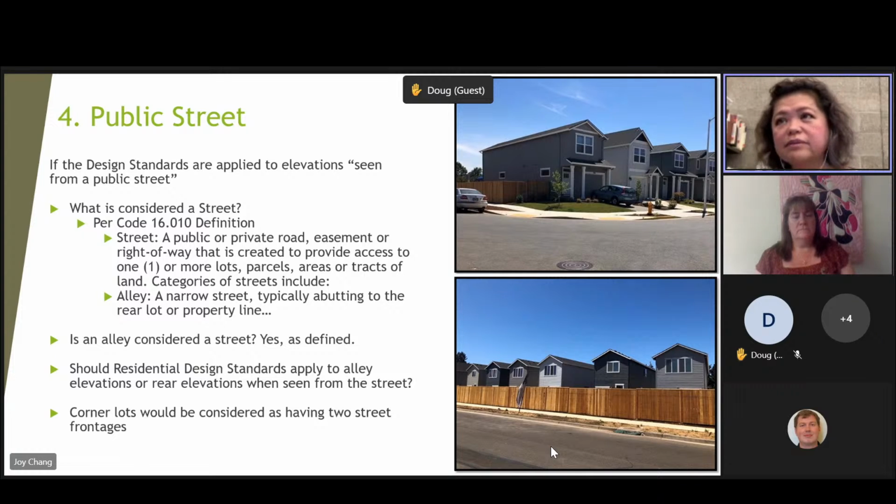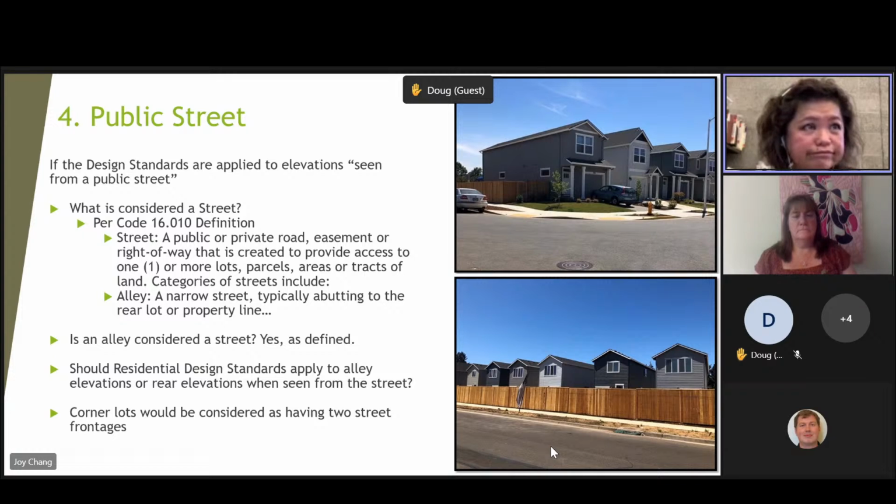Like the image on the bottom, which is a double frontage lot, and you can see the rear of the homes. And then on corner lots, should we be considering them as having two street frontages, like the top image, where definitely on the corner lot, you see the front elevation and the side elevation?